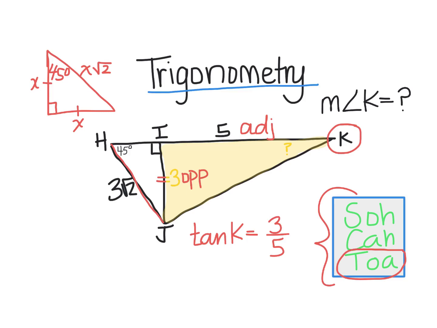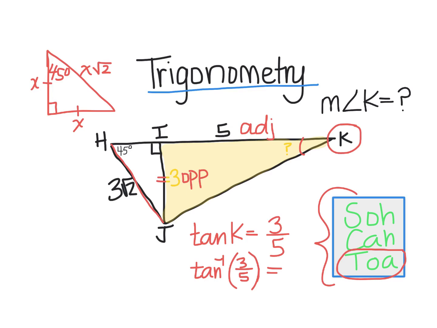Now, if I want to actually find the value of this angle, the degrees, the measure of the angle, what I would do in my calculator is use the inverse trig function. It has this -1, you can look on your calculator, plug that in. So tangent -1 of 3/5. And if we plug that into our calculator, we're going to get a rounded value.